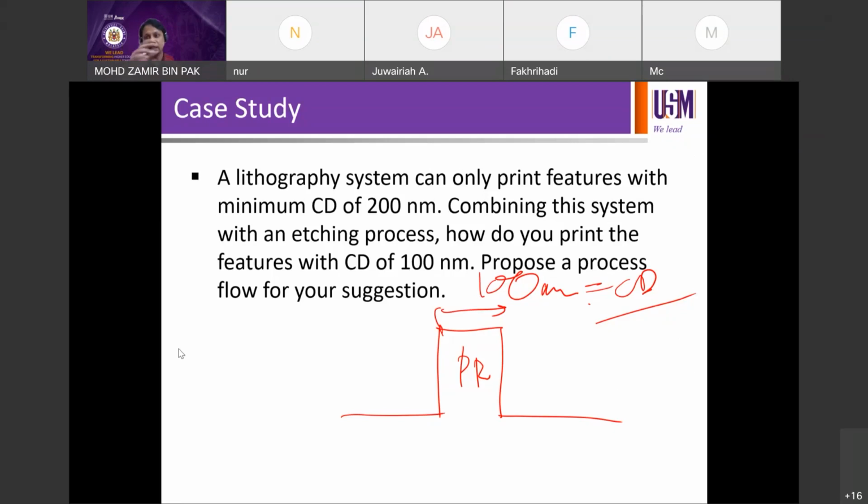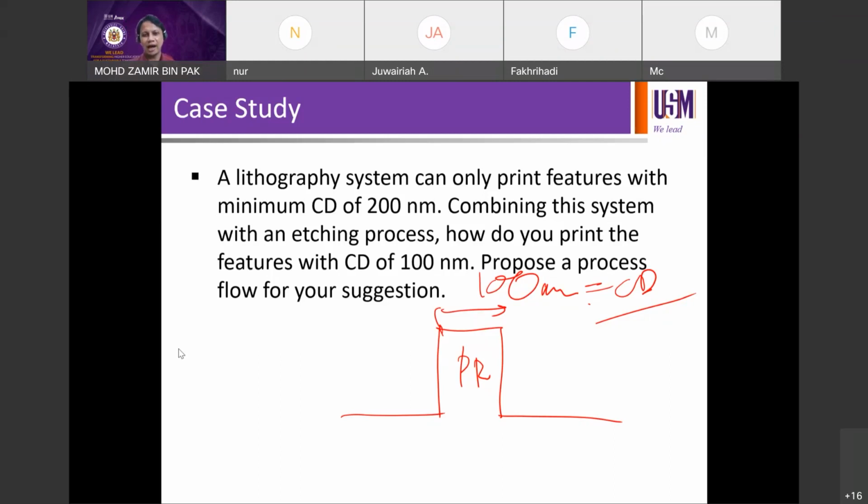Kita dah belajar the limit of the lithography system. Kalau 200 means resolution 200, with good resolution at 200 only. You cannot stretch down to 100 in this case. But then with certain help, certain tricks, certain techniques from etching process, you can actually combine litho plus etch to deliver 100 nanometer successfully. How?